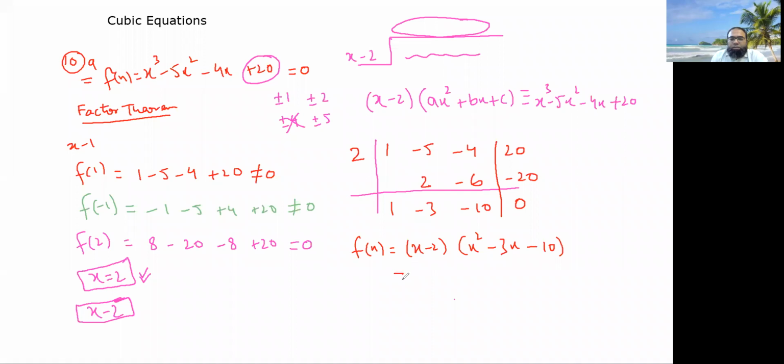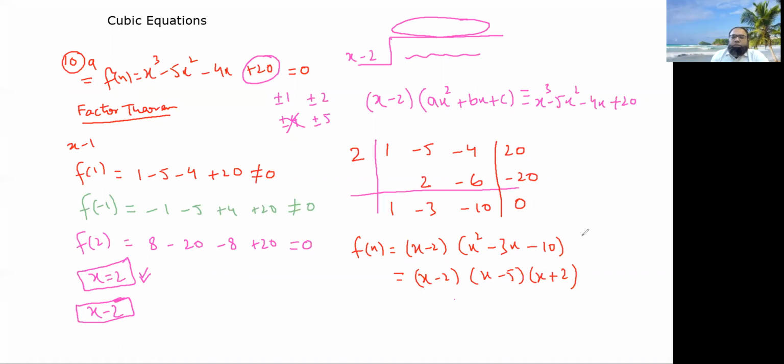If you're good at middle term breaking, you can write it as x minus 2 into x minus 5 into x plus 2. So these are the 3 factors.